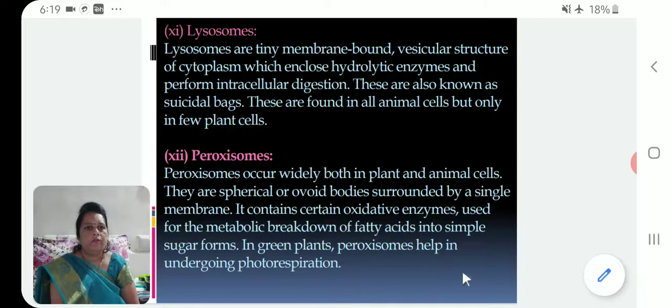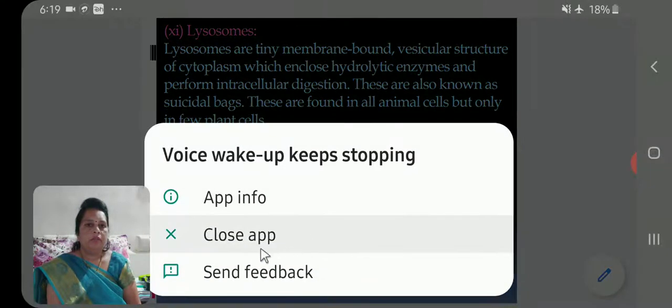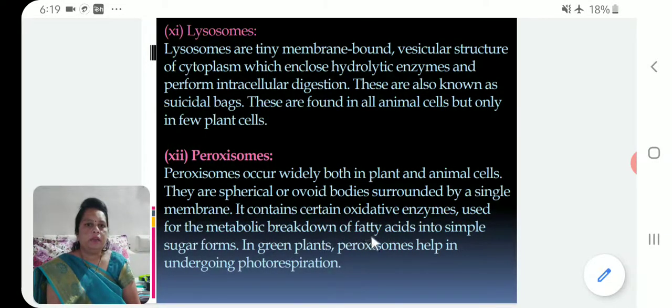Peroxisomes occur widely in both plant and animal cells. They are spherical or ovoid bodies surrounded by a single membrane. They contain certain oxidative enzymes used for the metabolic breakdown of fatty acids into simple sugar form. In green plants, peroxisomes help in photorespiration.